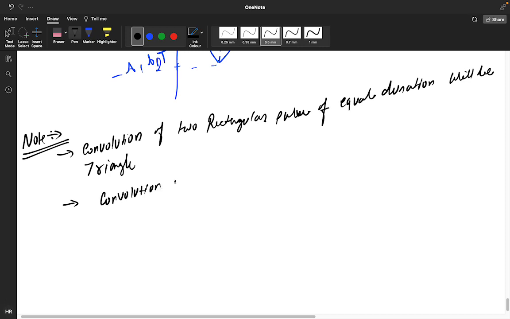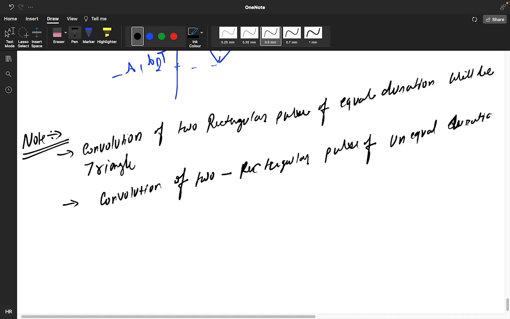Convolution of two rectangular pulses of unequal duration will be trapezoidal.